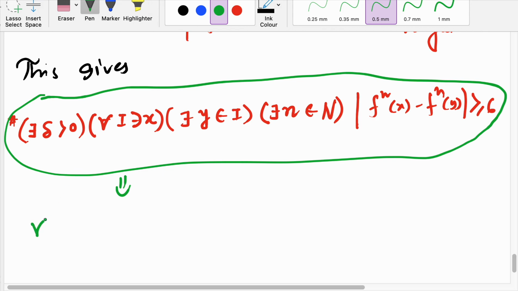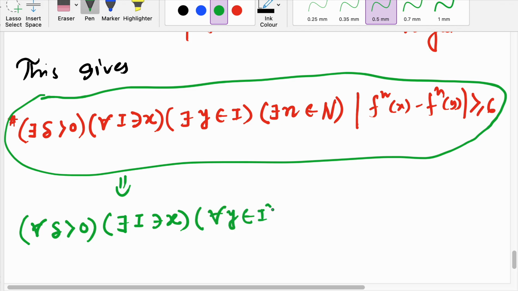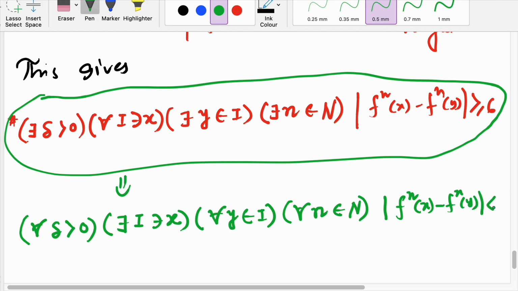So this will read as: for all delta greater than 0, there exists an interval I which contains x, for all y which belongs to I and for all iterates n belonging to the natural numbers, the distance between f^n(x) and f^n(y) will remain smaller than the constant delta.